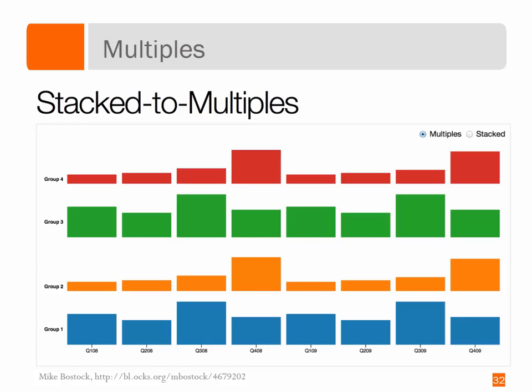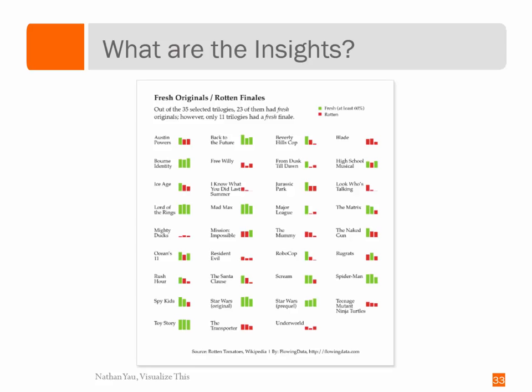Now, this is a set of small multiples provided by Nathan Yau, and FlowingData. And it's presented as an analysis of sequels, basically movies that had multiple installments, basically a trilogy.